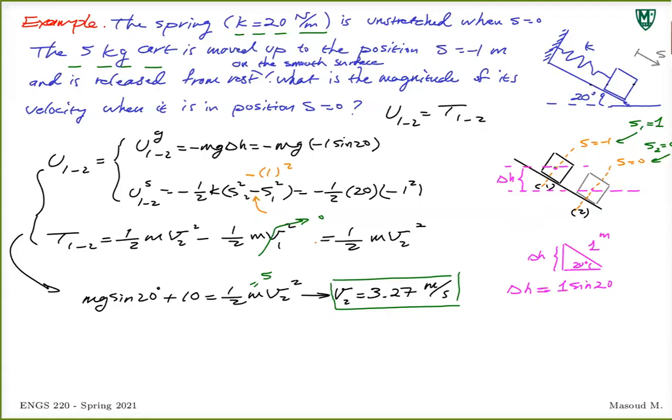For the spring, be very, very careful about where you are at the beginning and where you are at the end. You don't care about what is going on in the middle, in so many cases, as long as there is no friction. If there's friction, you have to pay attention to that just for friction. But for the spring, pay attention to how much it is stretched or compressed. If it's unstretched, then these S values at points 1 or 2 are 0.